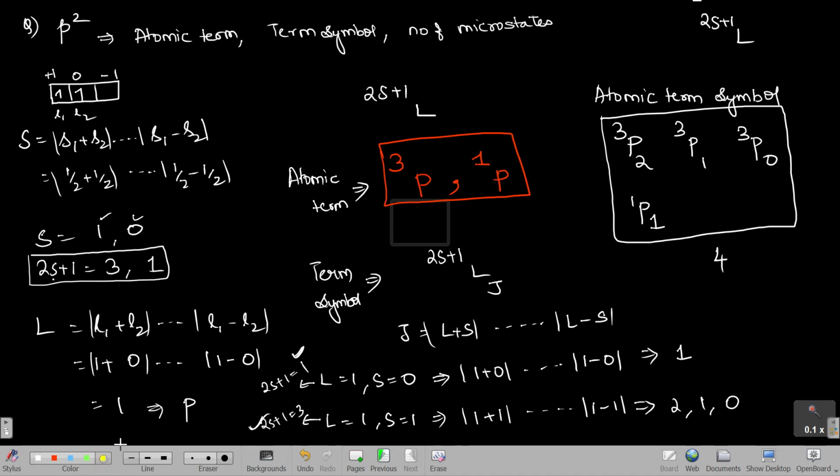Now we consider the microstate. The formula is n factorial divided by r factorial into n minus r factorial.